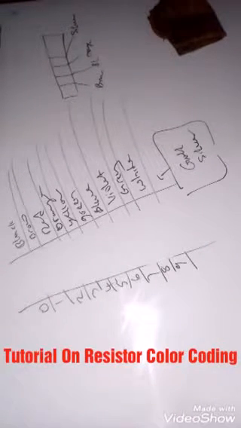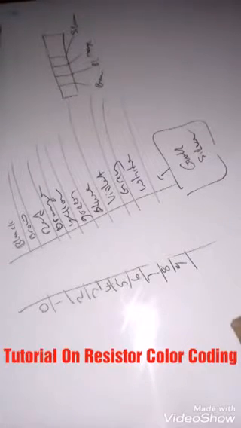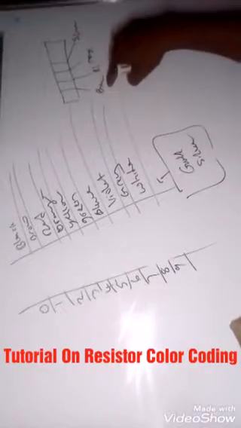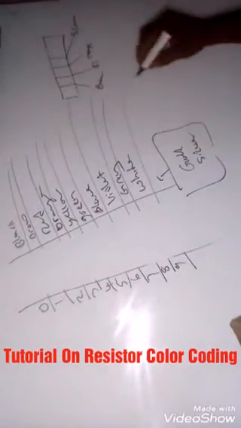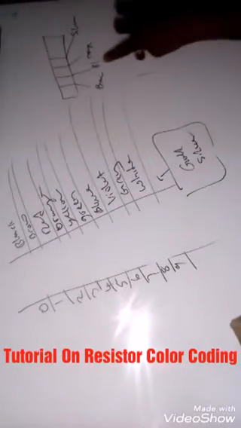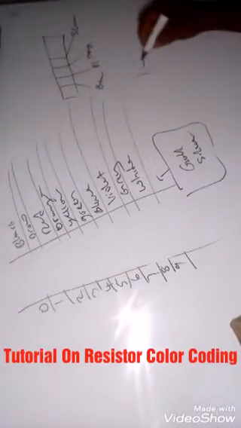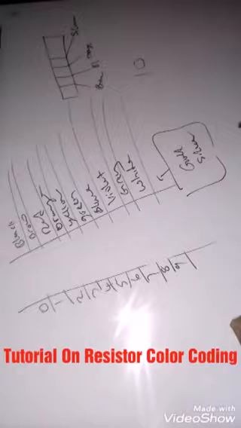We put down the first 2 colors the way they are. What's the number of brown? Brown is number 1, so we put 1 the way it is. Black is 0, so we put it down the way it is.